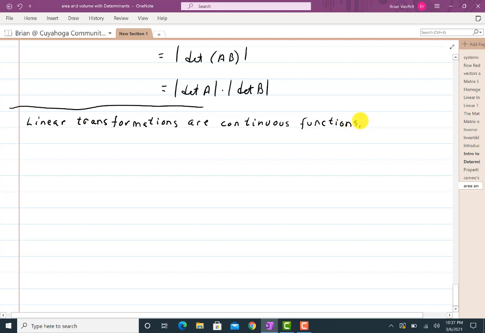So far I've been able to do areas and volumes of parallelepipeds and things like that. But what about something stranger like this? Well, what you can do with these things is you can create a mesh inside of them, like so. And all of these things I'm capable of finding with determinants. However, I can keep making smaller and smaller rectangles inside of here.